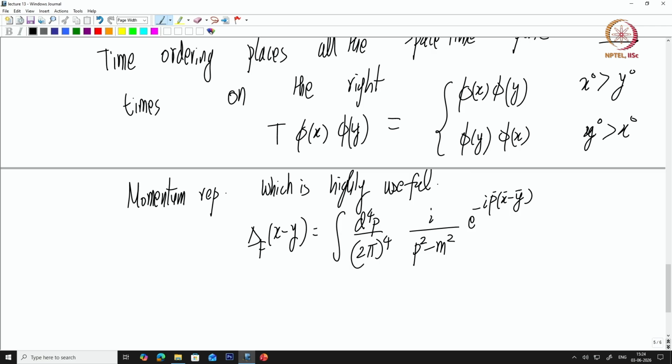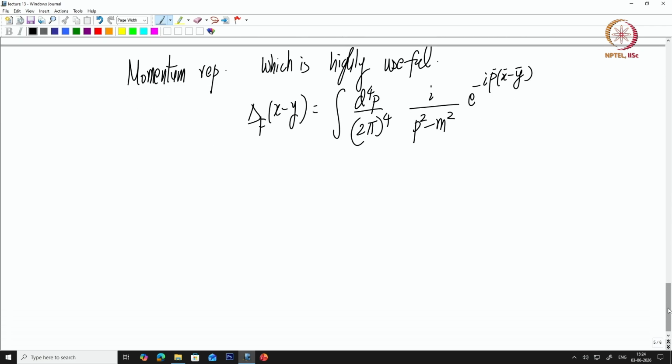Now this gives us a choice in p0. When we do this integration, we will make a choice about the pole in p0. p square minus m square has poles at p square equal to m square.